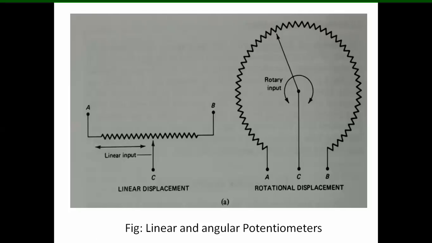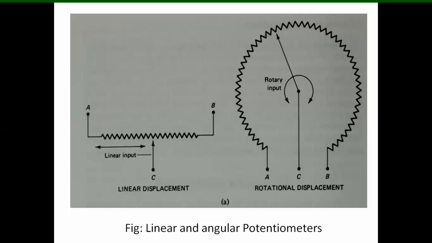Suppose we want to measure the linear displacement of any member or any particular machine, how much displacement it moves in a given period of time, or we want to measure the displacement of motors. For motors, we can use the angular displacement.